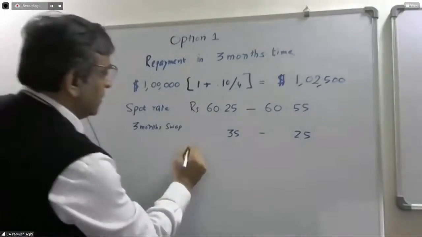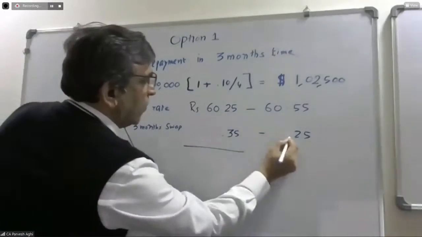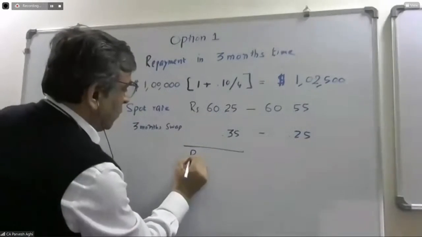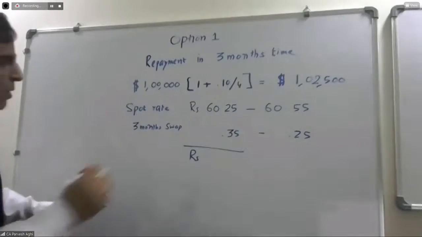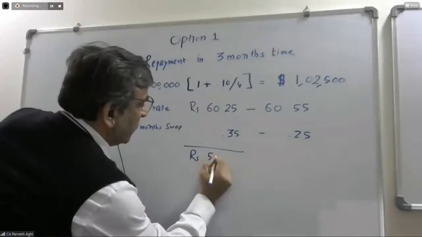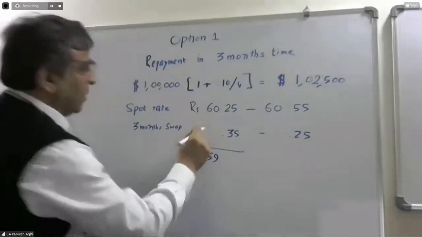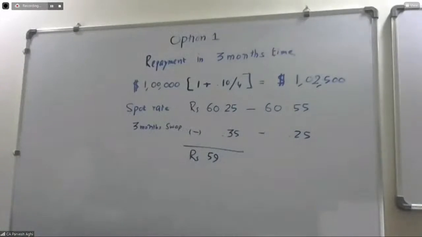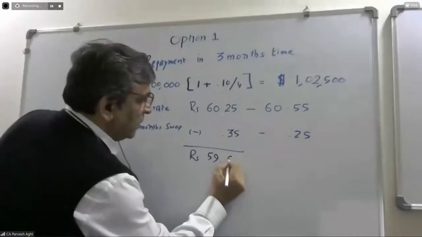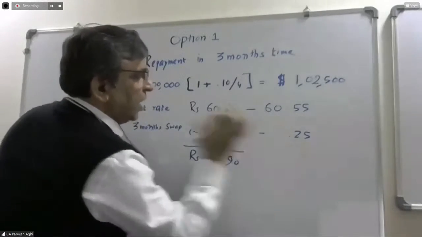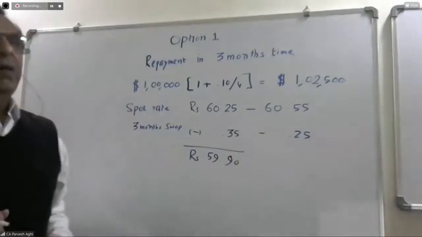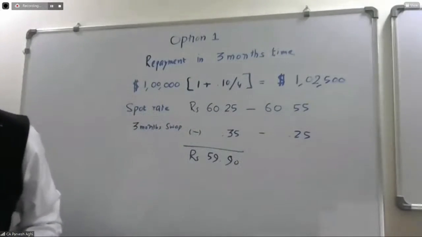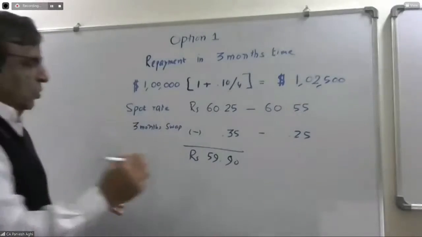So we put here rupees 59. Here it will be minus because the dollar is depreciating. So 59.90, because the swap points are showing a declining trend. That means the dollar is going to have a lower rate going forward compared to today.